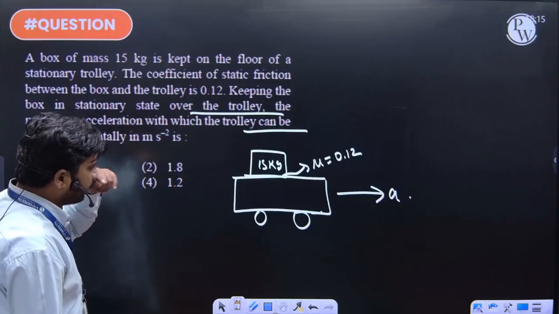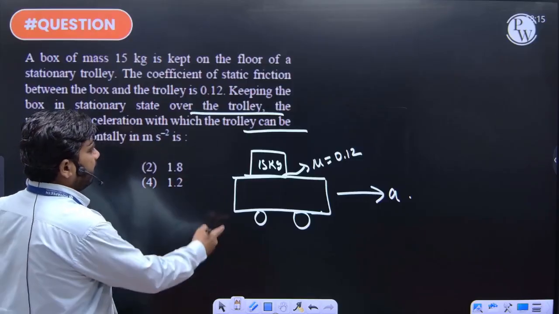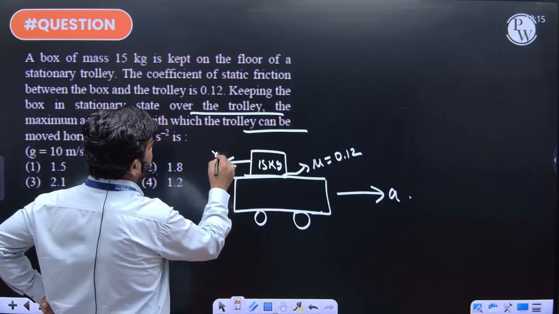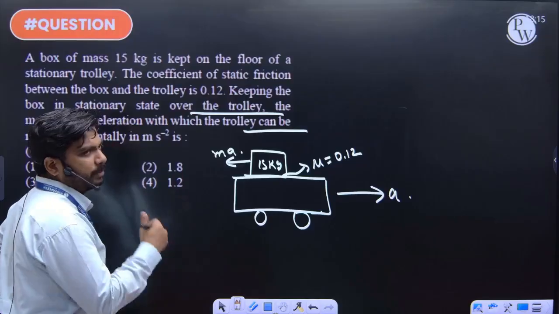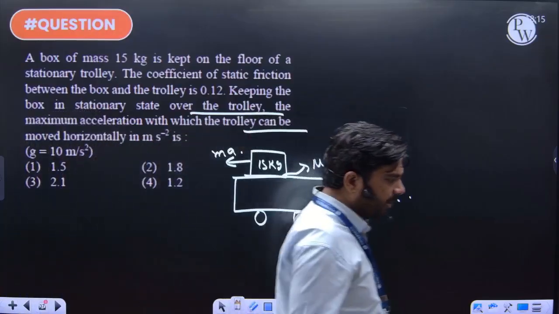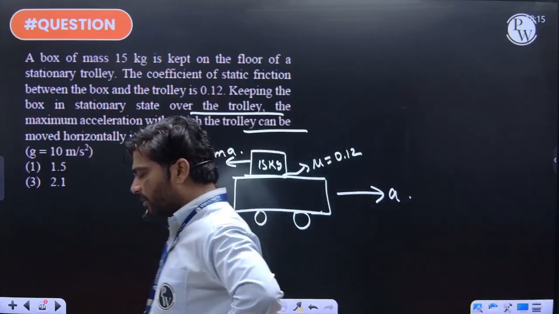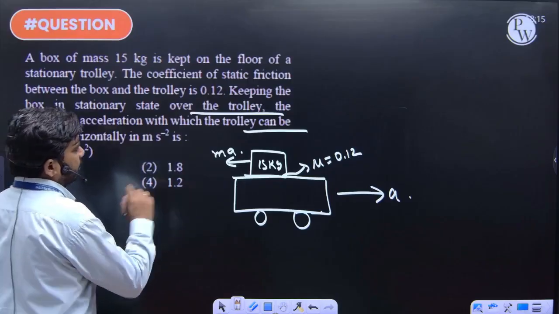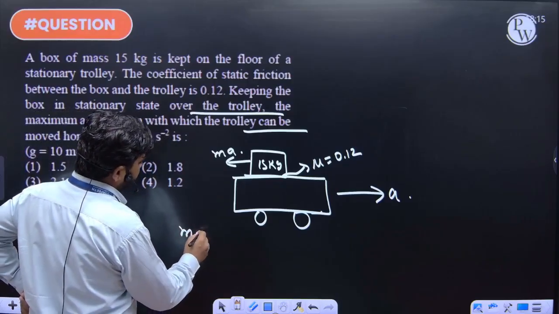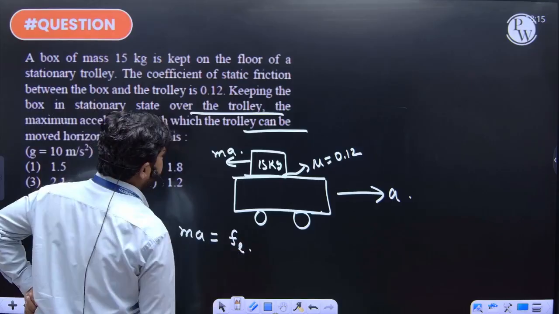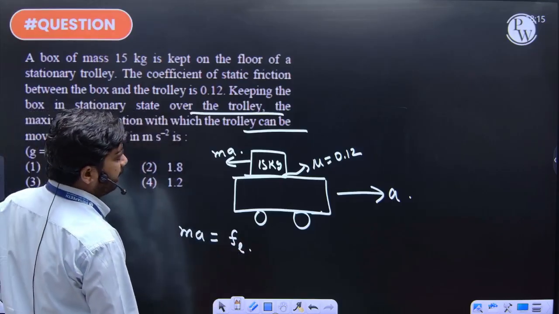Okay, fine. In this case, when the trolley is accelerating, the box will experience a pseudo force, right? F is equal to the mass of the object into the acceleration of the frame, acting in the opposite direction. To keep the box stationary, this ma must be equal to the limiting friction.